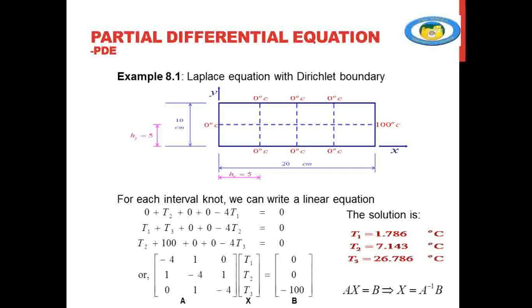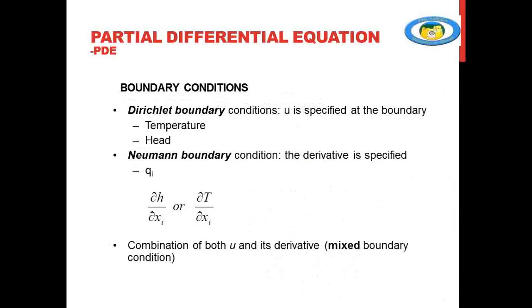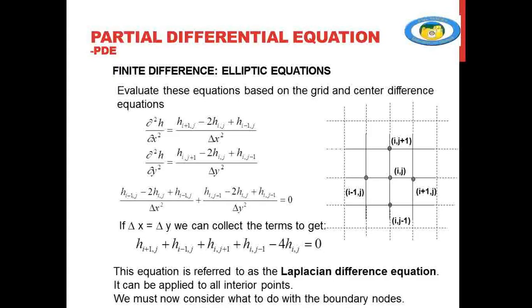Now, as you can clearly see in the Laplacian difference equation, we are using 4 nodes surrounding a certain node i, j. So it's essentially h i plus 1 and h i minus 1 along the x-axis, plus h j minus 1 and h j plus 1 along the y-axis.